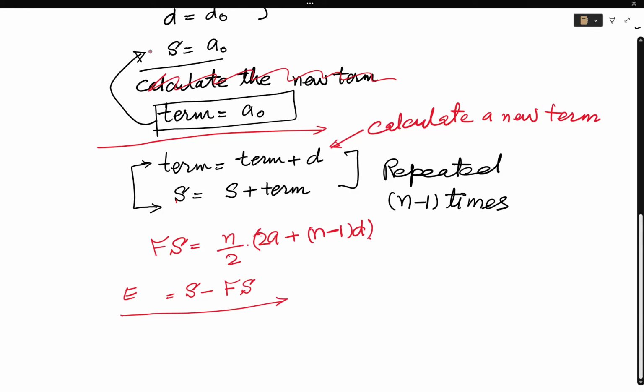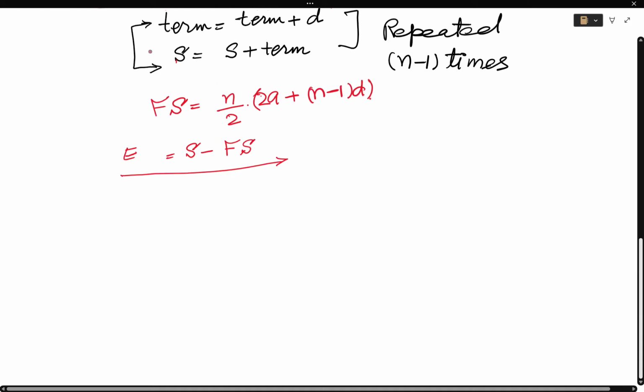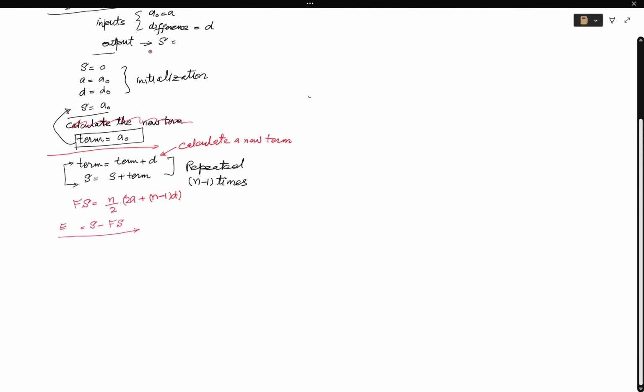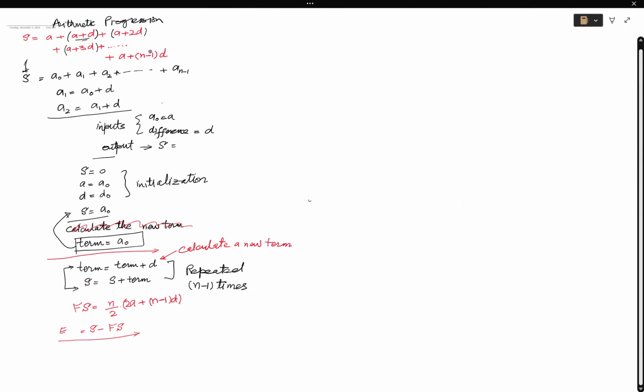Let's see that one in the complete form. Okay, here it is. We started with the sum of arithmetic progression. We wrote its formula, right?